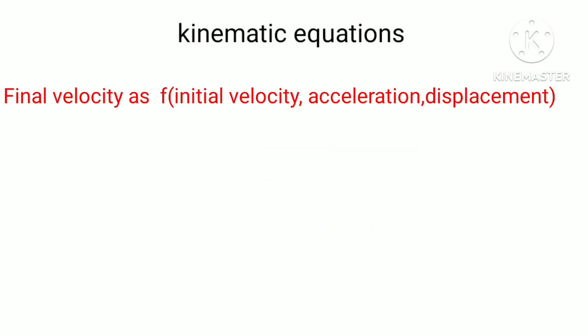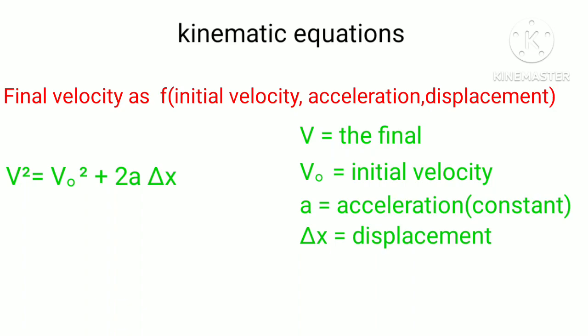Final velocity is a function of initial velocity, acceleration, and displacement. v squared equals v0 squared plus 2a delta x, where v is the final velocity of the object at time t. v0 is the initial velocity. a is the constant acceleration. Delta x is the displacement of the object during the time interval.